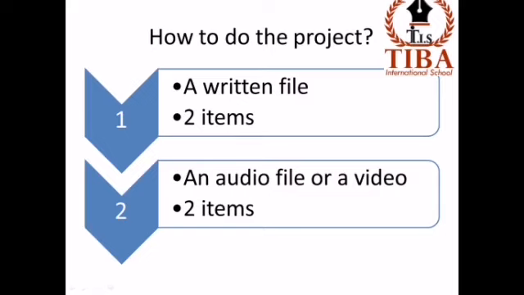It means you're going to send me a written file on the program Microsoft Word, and you're going to record an audio or a video as you like, okay, and send it to me. Now, what are we going to do in each part? We're going to talk about this right now, okay? So let's know that this project has two parts, a written file and an audio file or a video, okay?